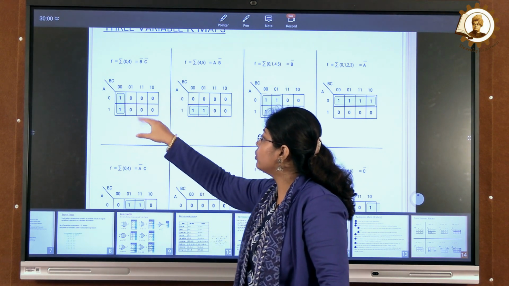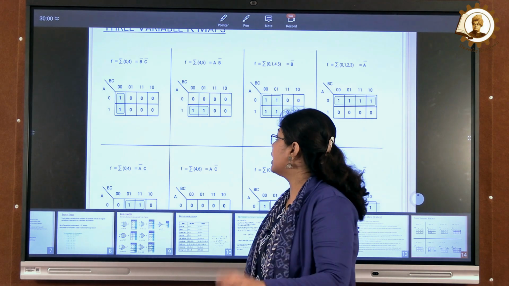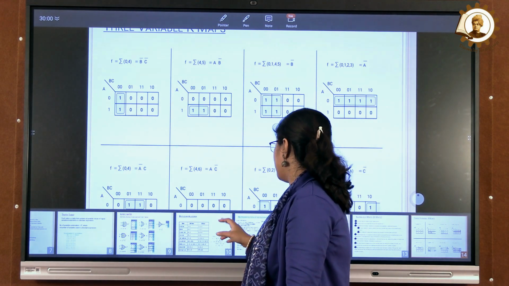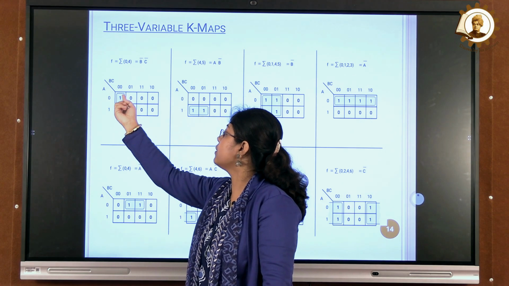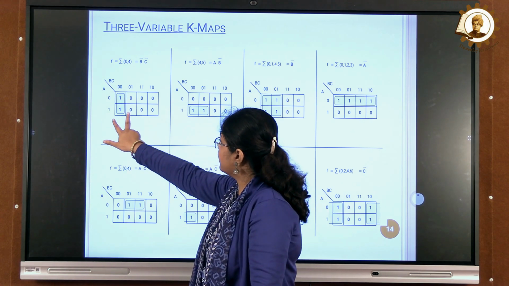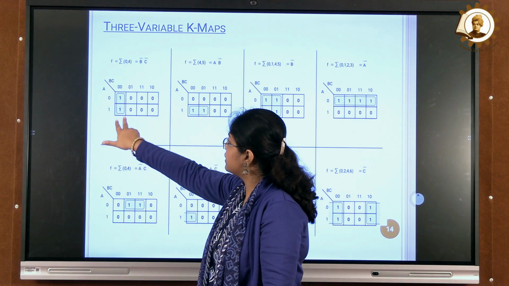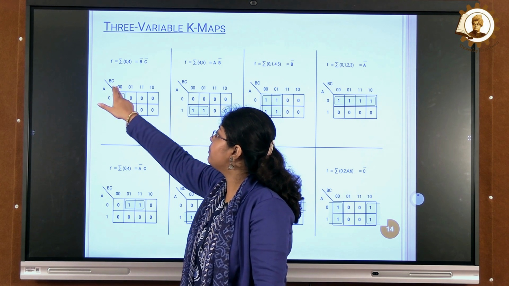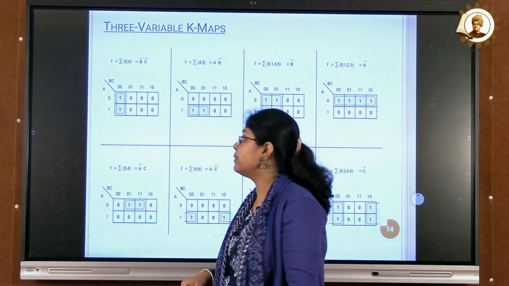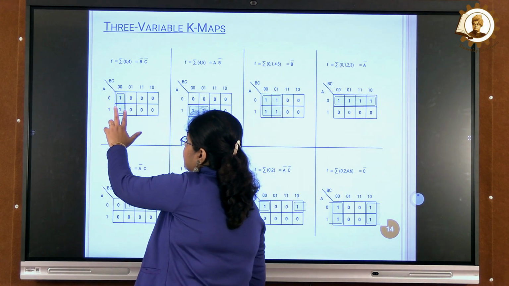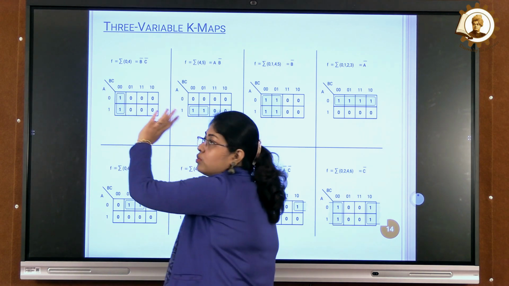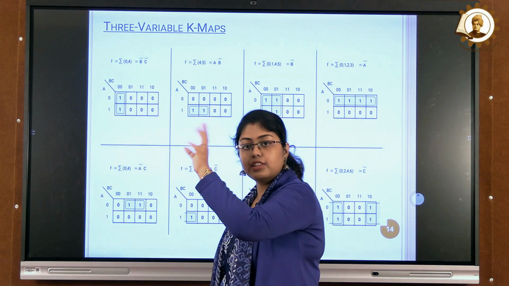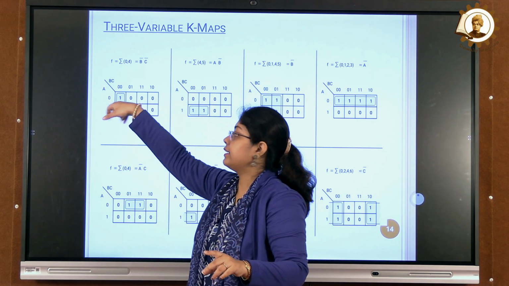With this, how do we determine the answer? I will come to the 4 group and 8 group as well. See, going column wise, it is B bar C bar. Why B bar C bar? A is changing row wise, from 0 to 1. Whenever the values are changing, we do not take that variable.